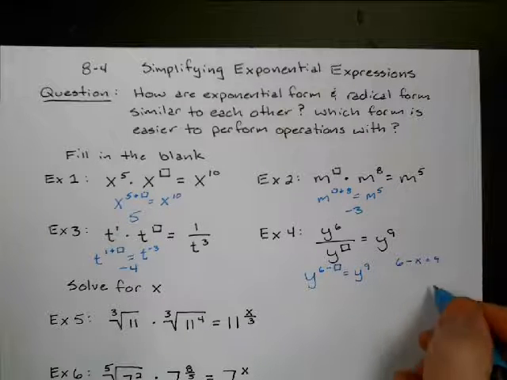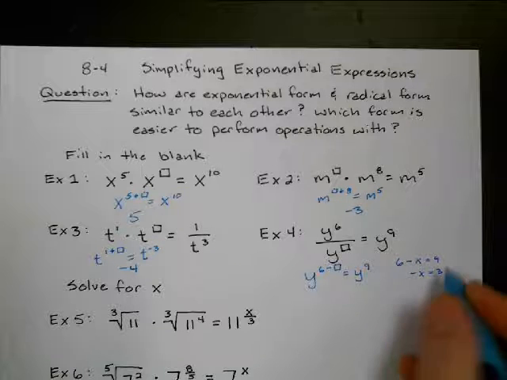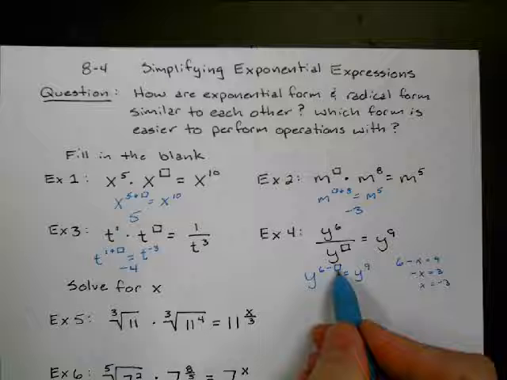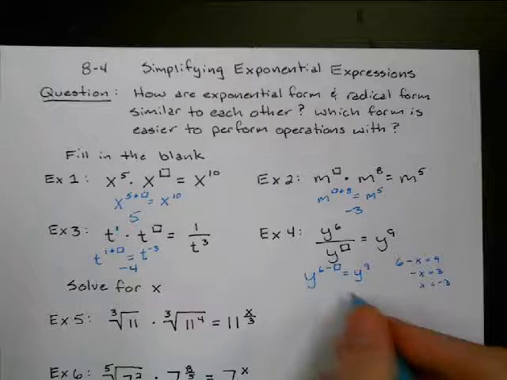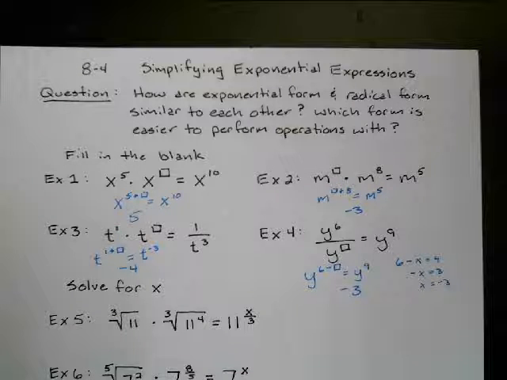So if I subtract 6 from both sides, I get negative x equals 3, and then divide by negative 1, and I get x equals negative 3. So this number must be negative 3, because 6 minus negative 3 is 6 plus 3, and that would be 9. Okay, all right, moving on.